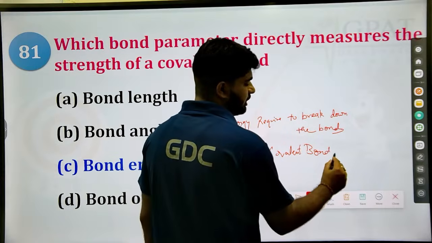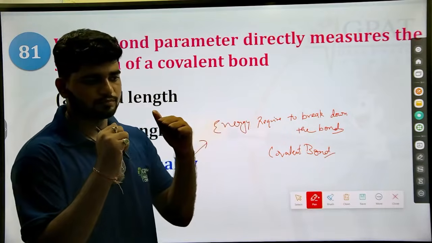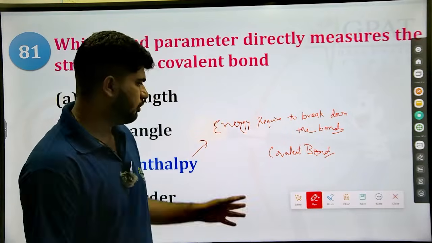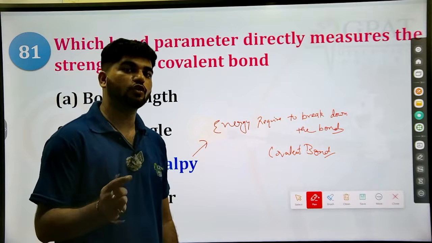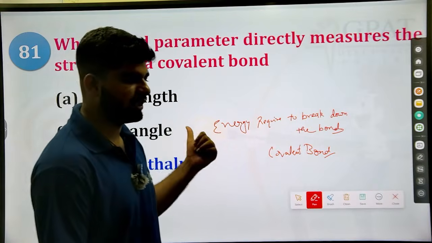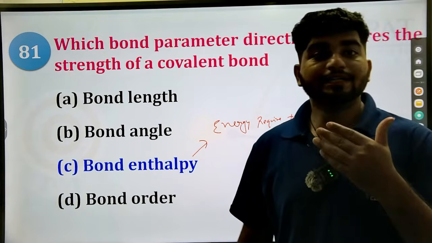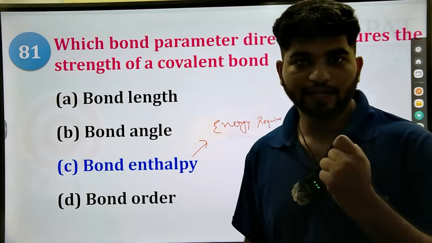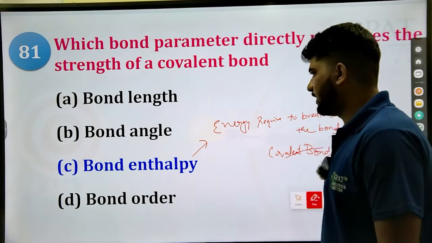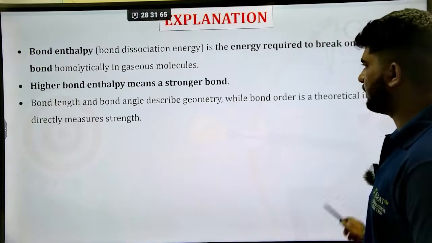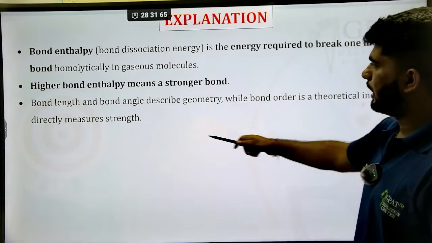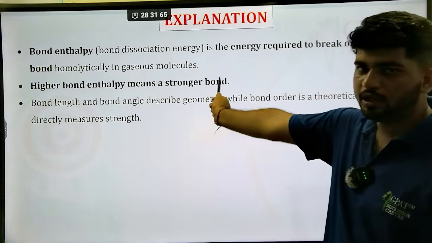Covalent bonds happen in organic molecules. So to break the covalent bonds, we have this bond enthalpy. The greater the bond enthalpy, the greater the strength of that bond. So bond enthalpy would be your correct answer, right? Higher bond enthalpy means a stronger bond.